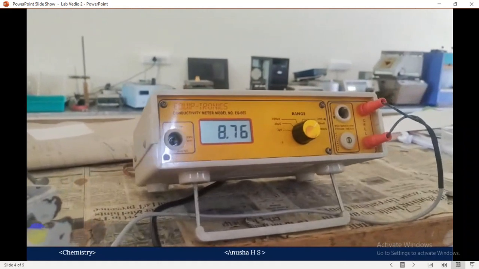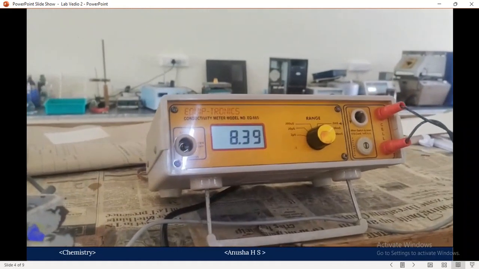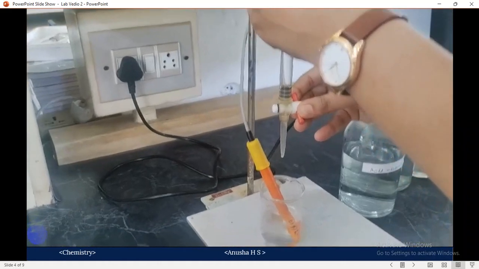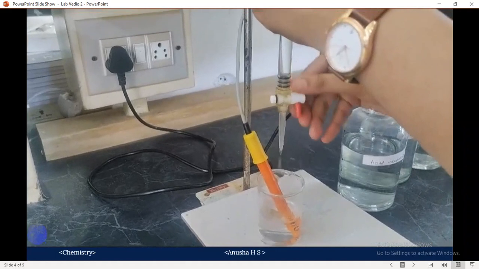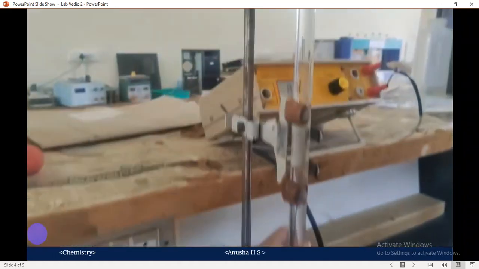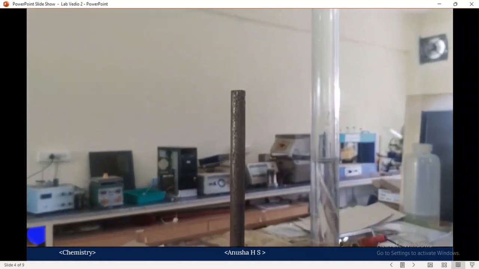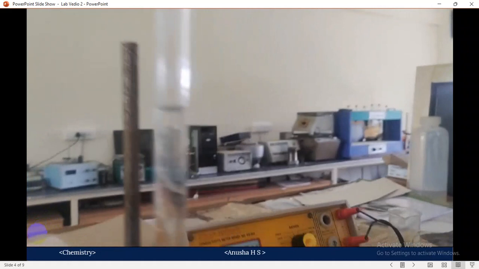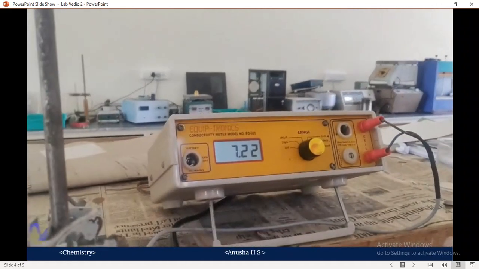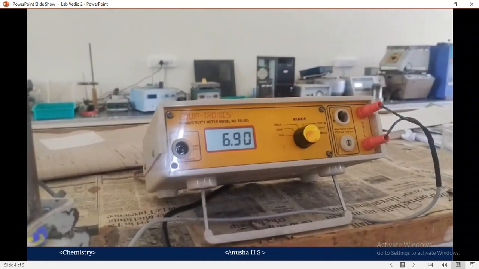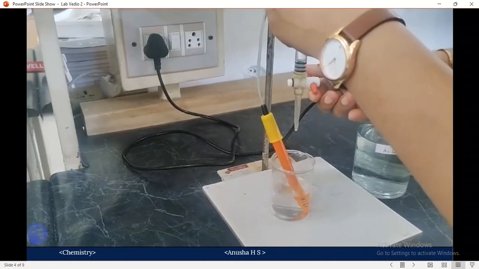The conductance is decreased. The second value is 8.3. The conductance decreases while adding the NaOH solution to the acid mixture.